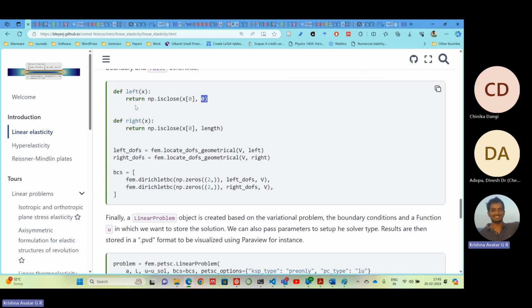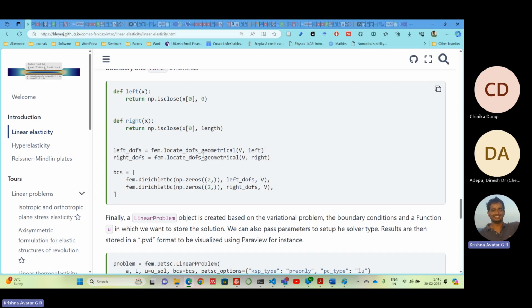Once we have defined these functions, we use locate DOFs geometrical. Once we are locating all those geometrical degrees of freedom with our degrees of freedom which actually exist for that geometry, we have to give as an argument the complete function space and the marker function.